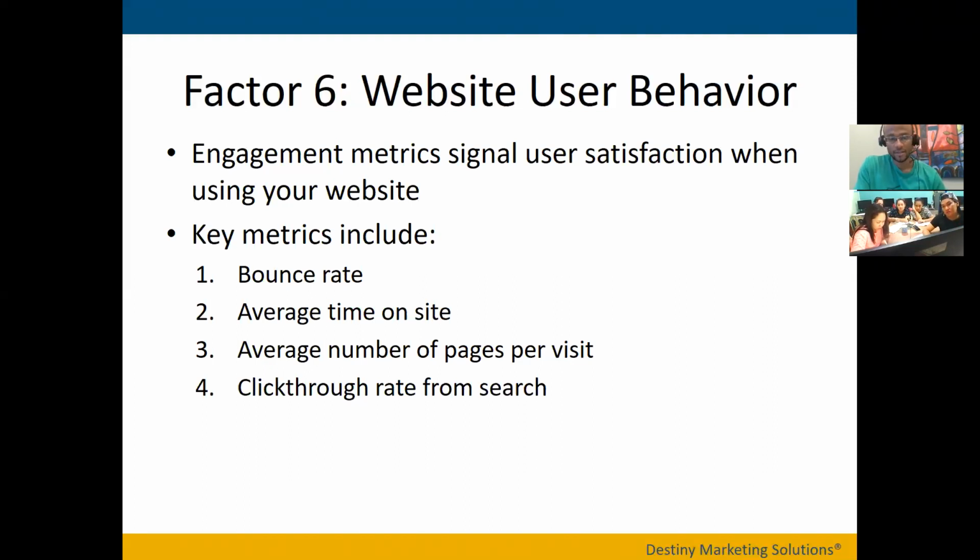Average time on site simply means on average, how long does someone stay on your website? Obviously the higher that is, the better. The average number of pages per visit: on average, how many pages does someone visit when they're on your website? Again, the higher that number, the better. And then finally, the click-through rate from search.